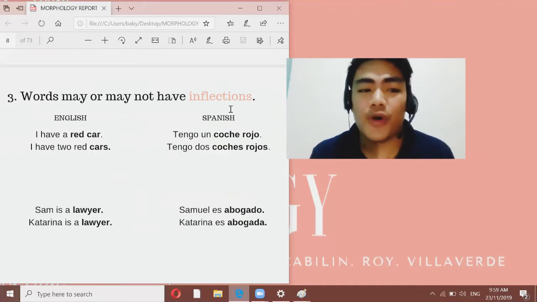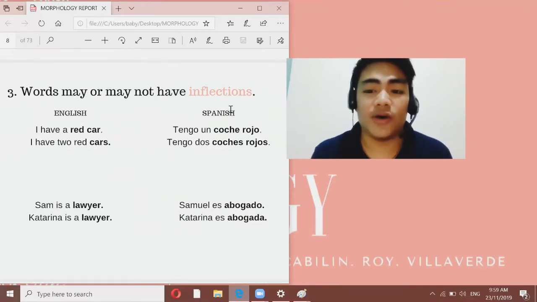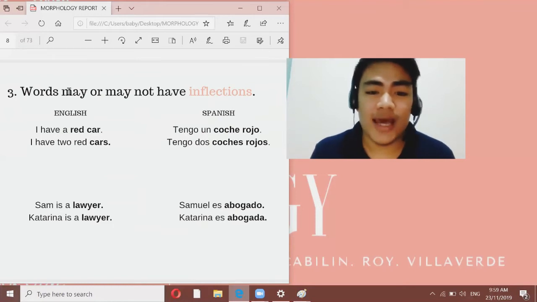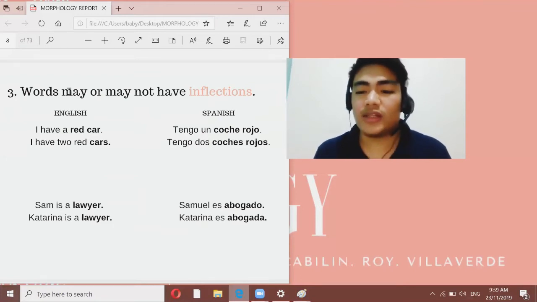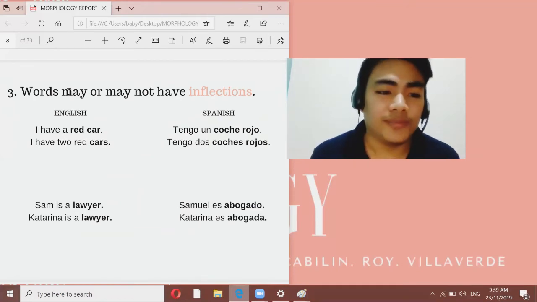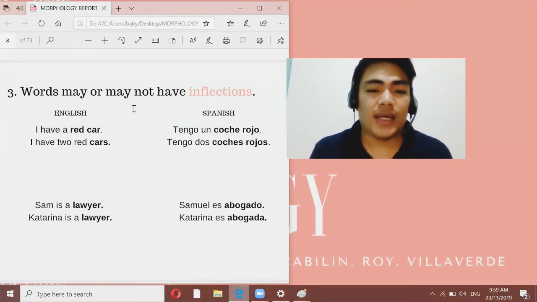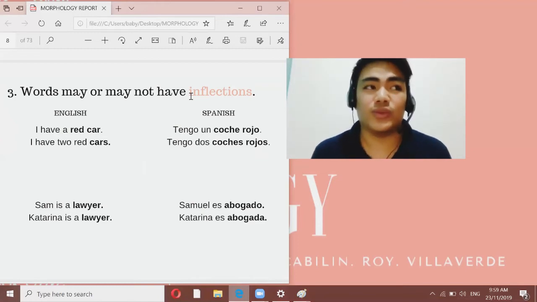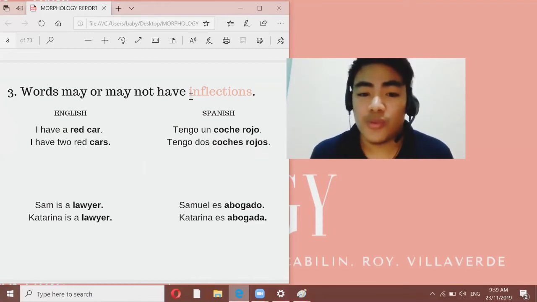The third point about words under the lens of morphology is this: words may or may not have inflection. Later in the report, you may better understand inflections. But for the benefit of understanding this point, let me tell you what inflections are. Inflections are slight changes that words undergo.